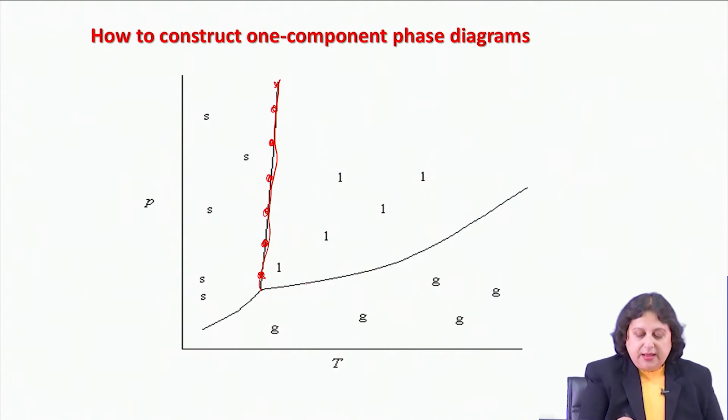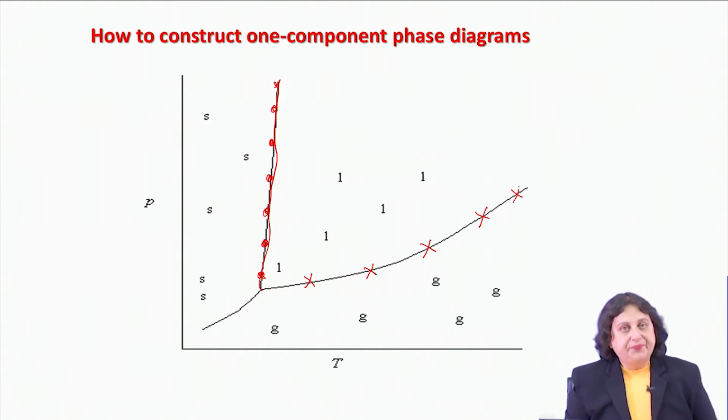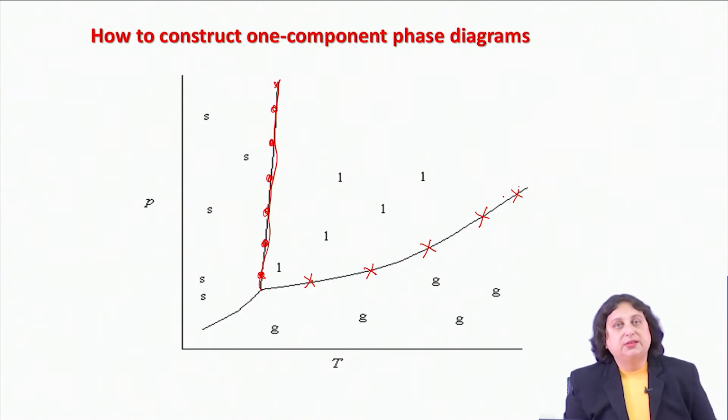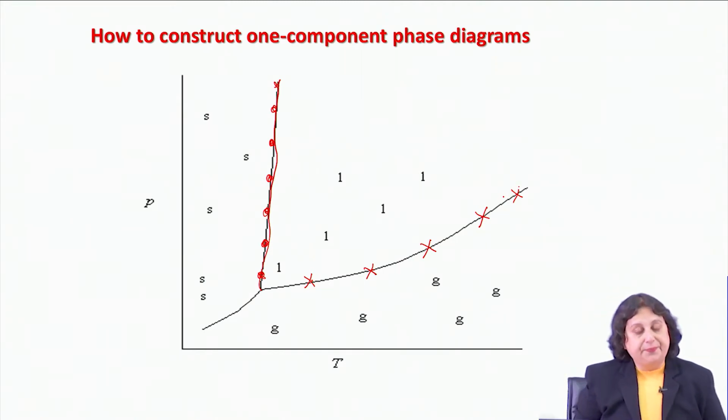Similarly, if I am pointing out certain values of temperature and pressure, what do they give me? They tell me that at these temperatures and pressures, the liquid and the gas phase can coexist in equilibrium.